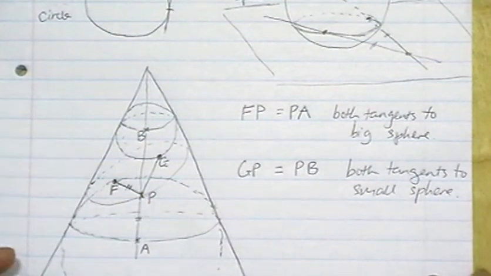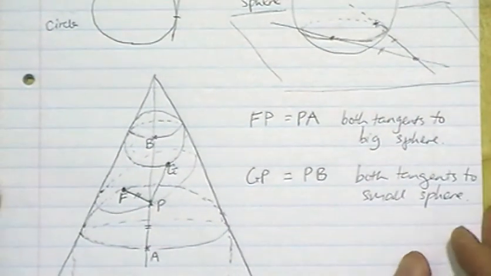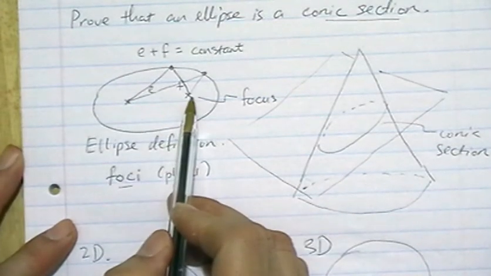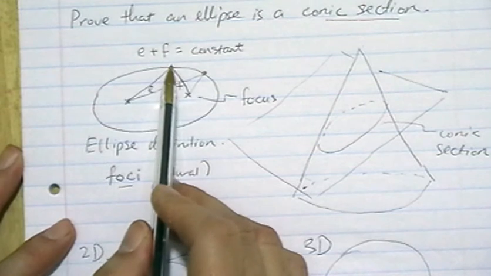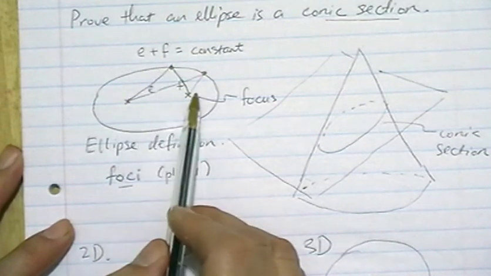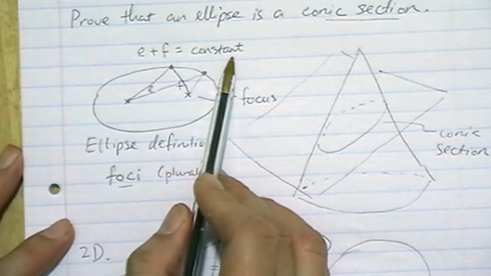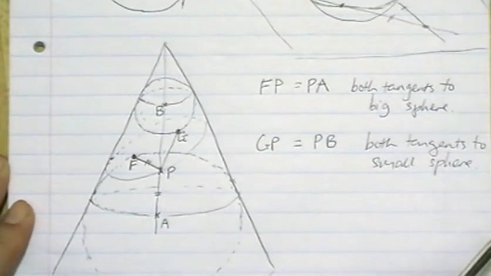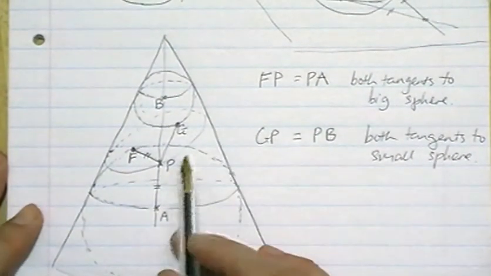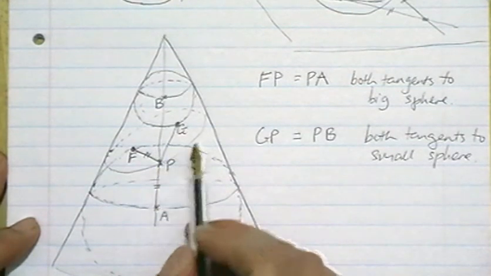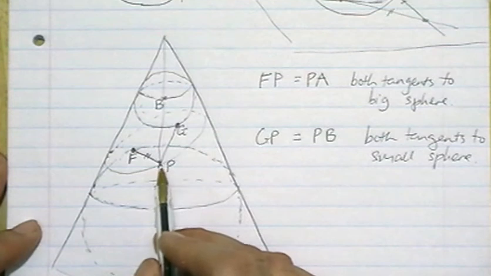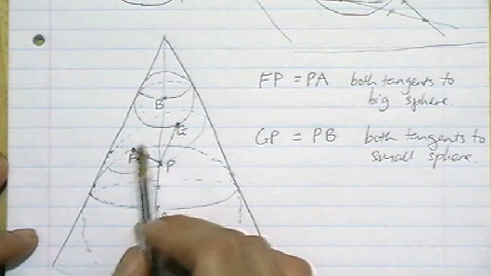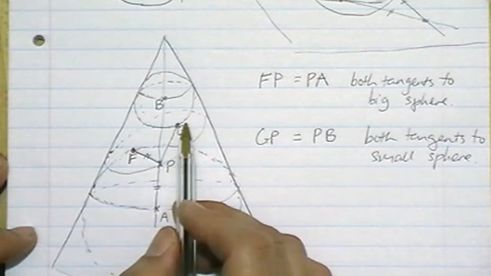Now let's go back to see what we're trying to prove. We're trying to prove that the distances from two points to a point on the curve always add to a constant. So let's look for those distances. P is my point on this conic curve, and F and G are the points that I hope to be the foci.